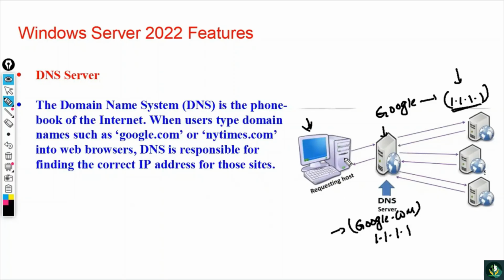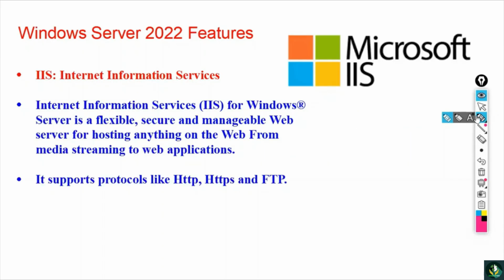So your request will not directly go to google.com. Your request will go to the DNS server. DNS server will check what is the IP address of this google.com. The IP address is 1.1.1.1. Then this DNS server will provide the IP address to your host, 1.1.1.1. Then this host will access this server using this IP address. Okay.